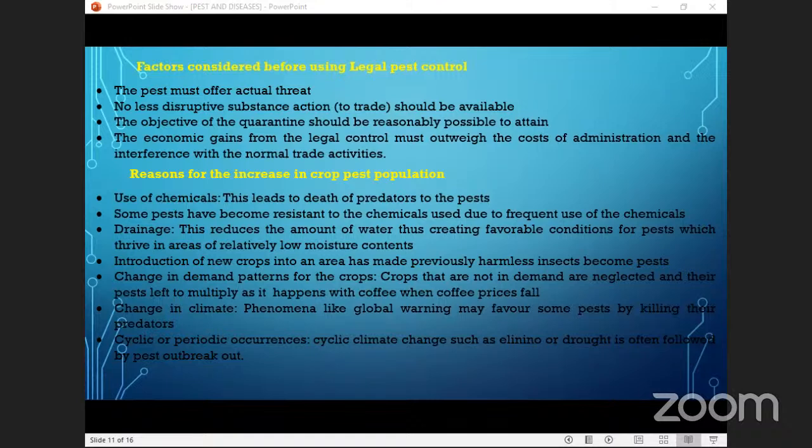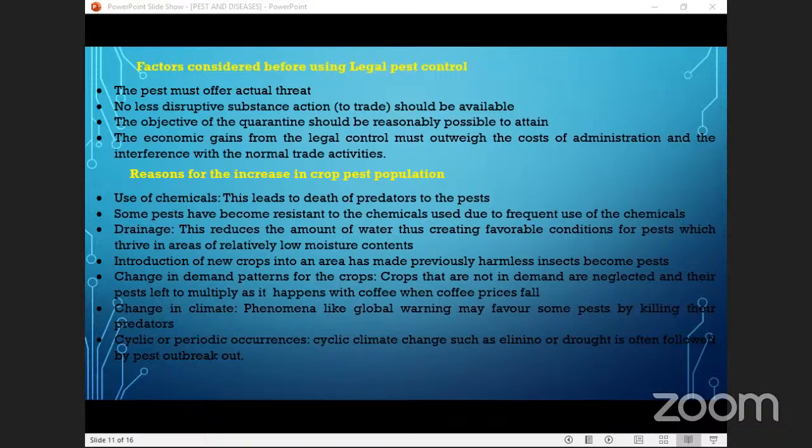The other point is change in demand patterns for the crops. Crops that are not in demand are neglected and their pests are left to multiply. As it happens with coffee, when coffee prices fall. When there is too much coffee, the pests multiply because coffee can be left in the store or in the field, in the garden.